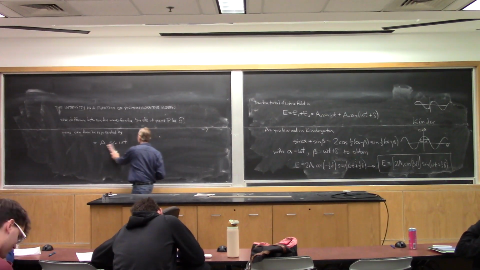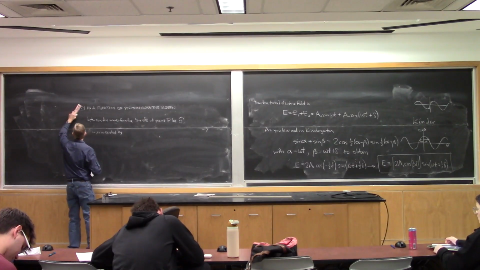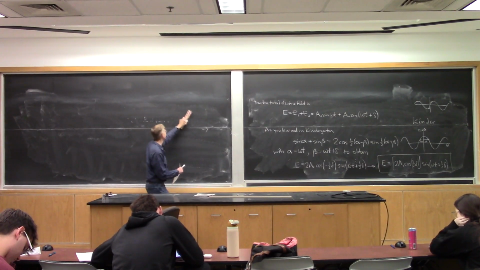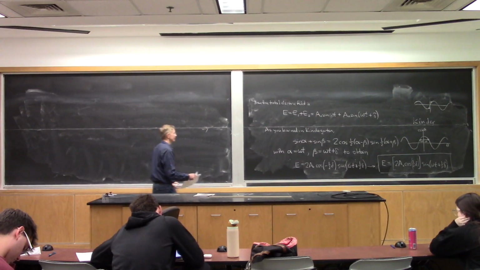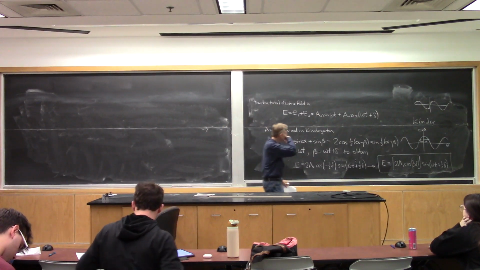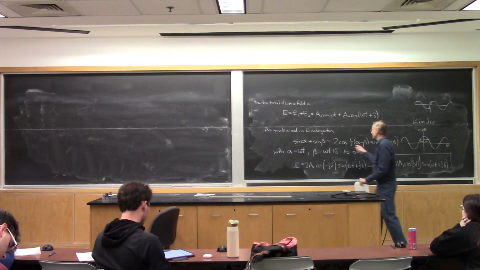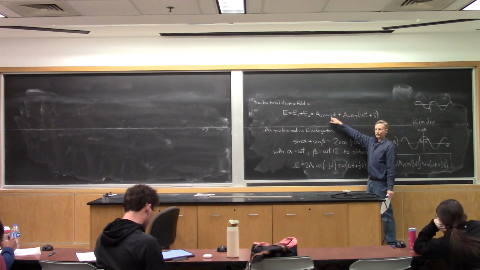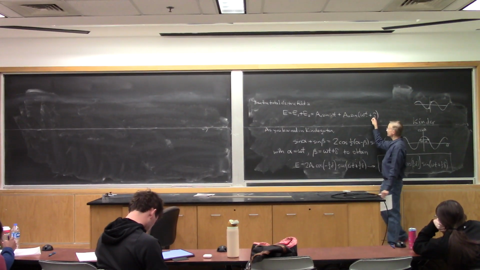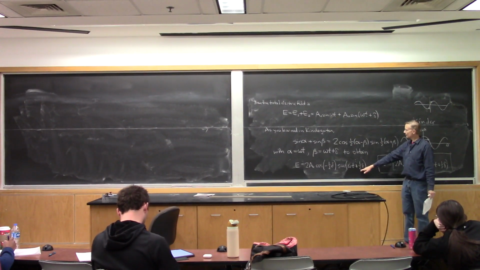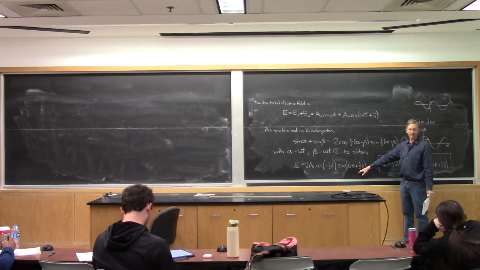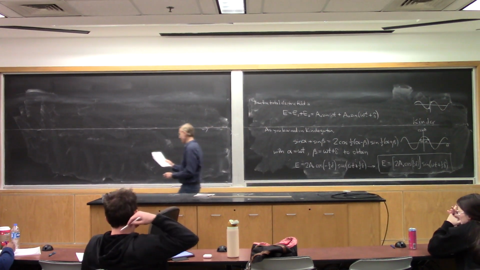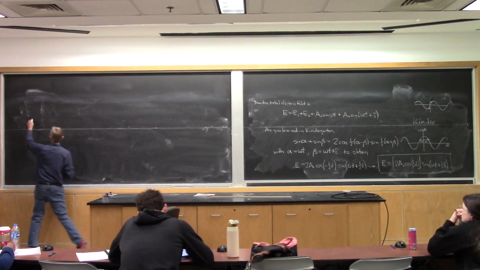So notice that the phase shift of the resulting wave, half delta, is halfway between the phases of the two waves that combine. This one has 0 as the phase shift, this one has delta, and the combination has half delta as the phase shift.